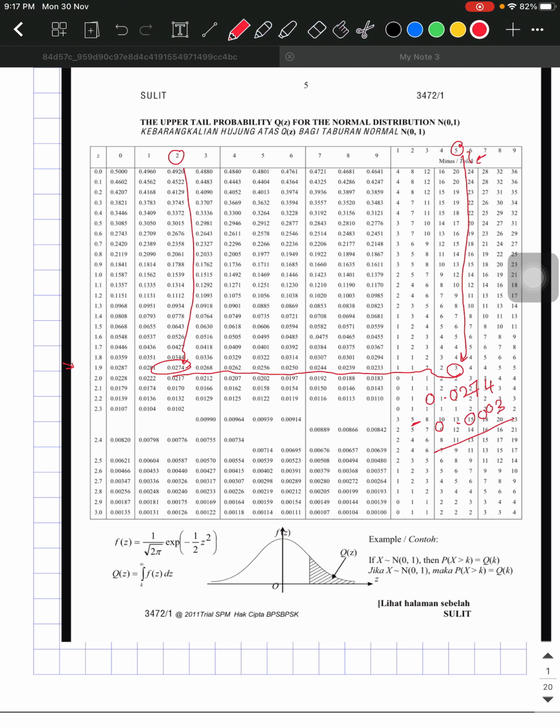Then what will you get? 4 minus 3 is 1, and then 7 to 0.0. So this is your answer. So don't be afraid if the question has 3 decimal places, because you can subtract the last decimal place using this part of the normal distribution table.